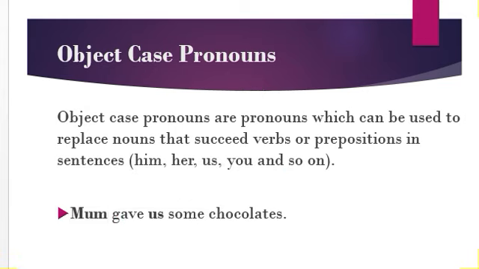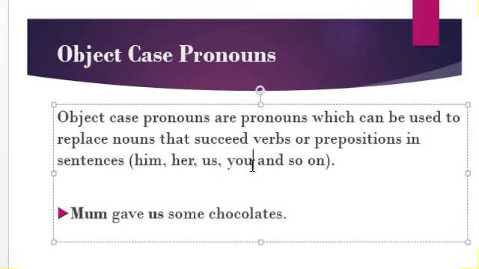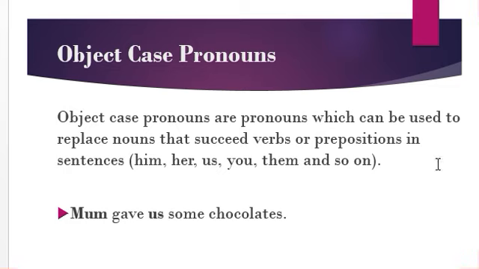Mom gave Rachel and her sister some chocolates. So you can now use us there to replace that. Mom gave us some chocolates. Mom gave them some chocolates. Okay, so you have him, her, us, you. You also have them there as object pronouns. So let's move on to the next one.